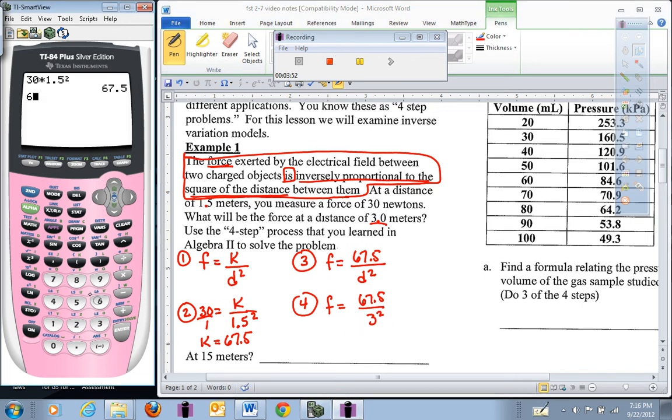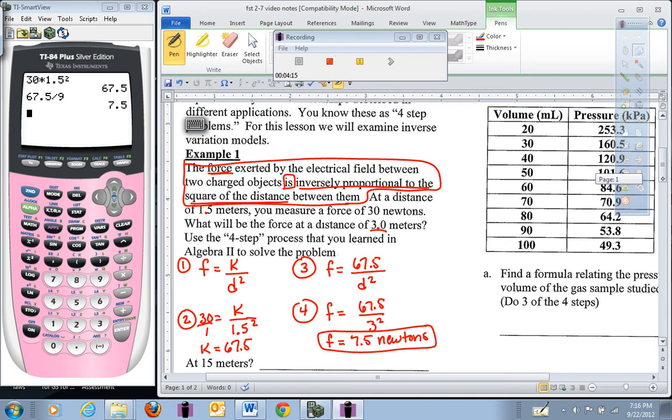So 67.5 divided by 3 squared, 3 squared is 9, gives us a force of 7.5. And then we want to label it, and the force is in newtons, so we would say newtons. Alright? So if you remember those four-step problems, you'll see that this is not going to be anything different than what you've already done.